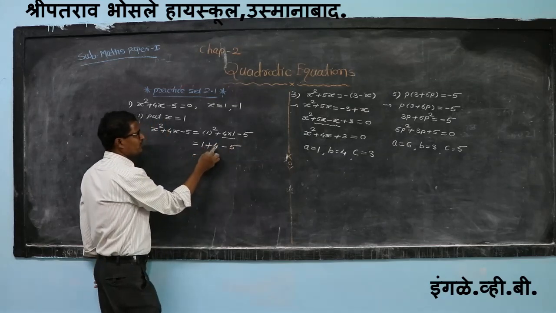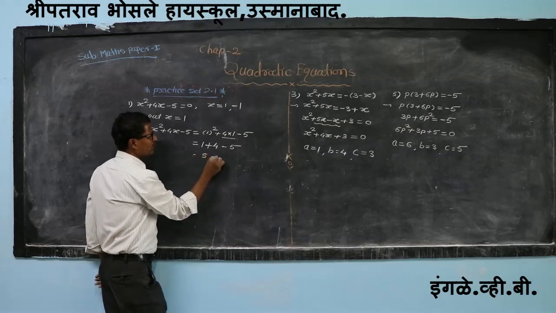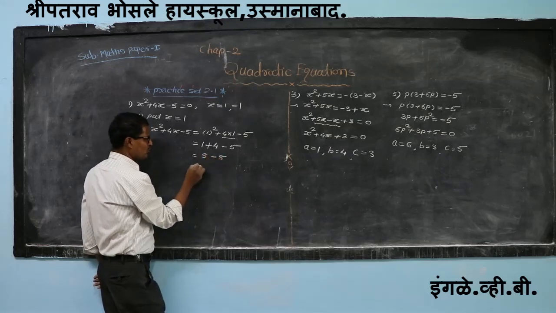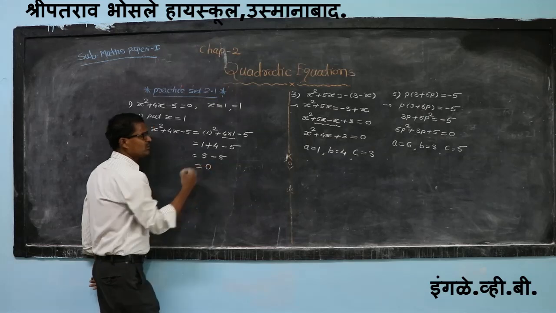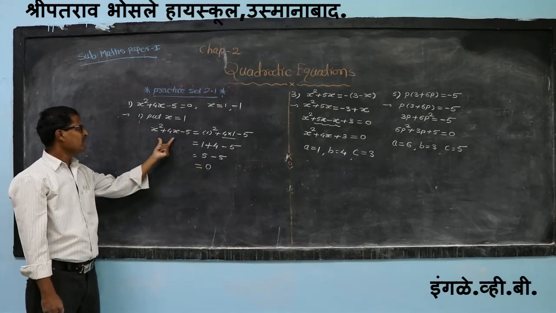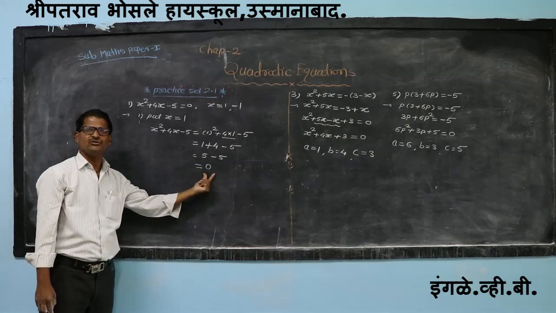So 1 plus 4 is 5, minus 5, 5 minus 5 is equal to 0. Here the value of the quadratic equation is 0.